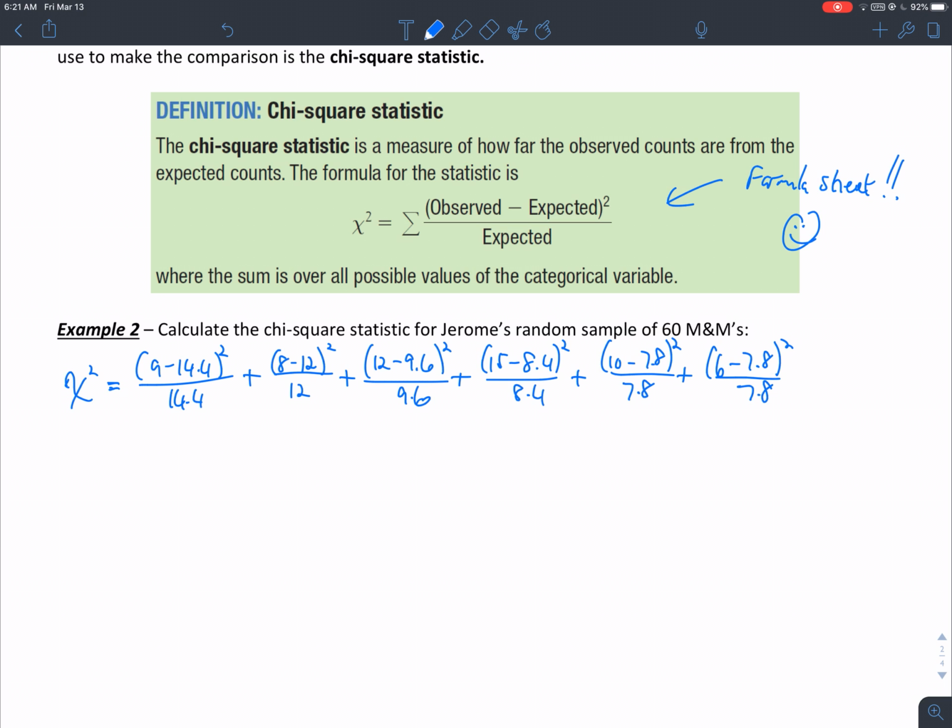And then you get chi-square, and the next numbers are actually important numbers. If you calculate this manually, you end up with these numbers.